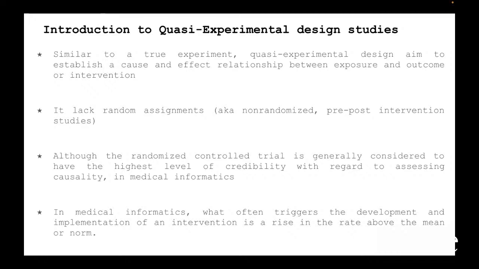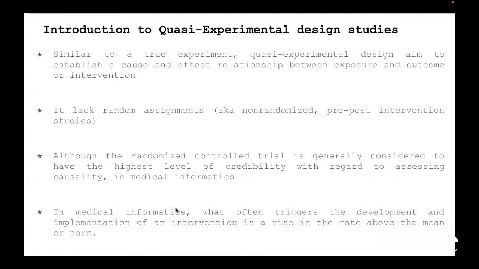The randomized control trial is considered to have the highest level of credibility in assessing causality because it has random assignment of participants.